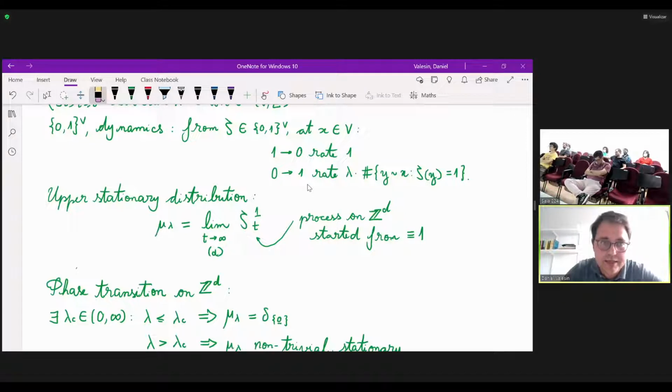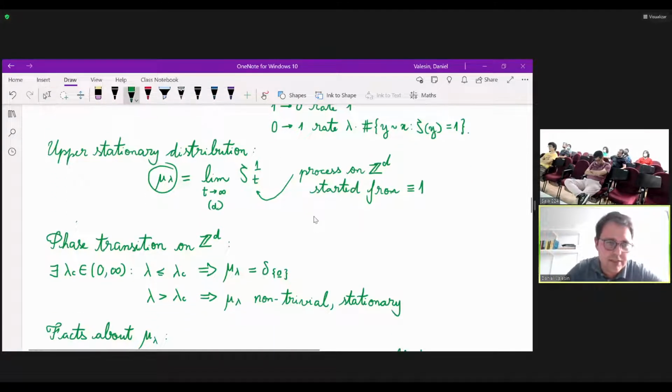This limiting distribution, I'm going to denote it by mu lambda. It's called the upper stationary distribution of the contact process. And then the contact process on Z^d has a phase transition. This is this number lambda c that I mentioned earlier, lambda c of Z^d. The phase transition can be expressed in the following terms.